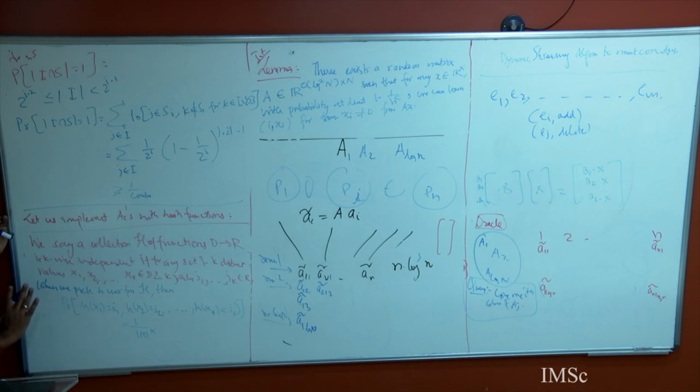This is the property of a k-wise hash function. So if I pick from H a hash function uniformly at random, it has this property.